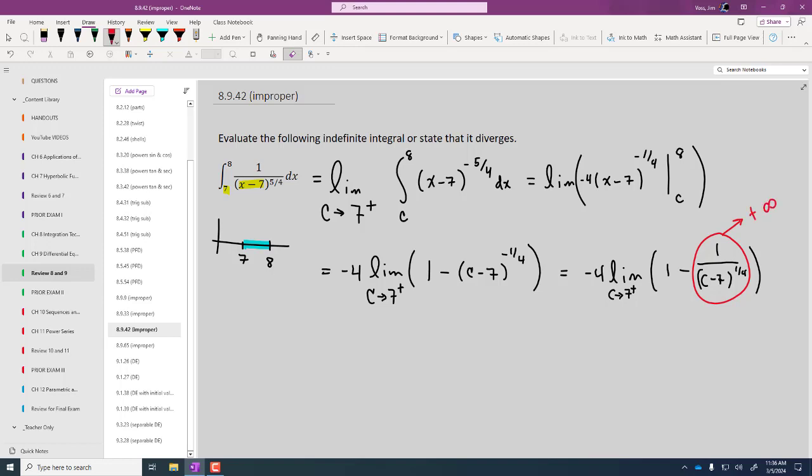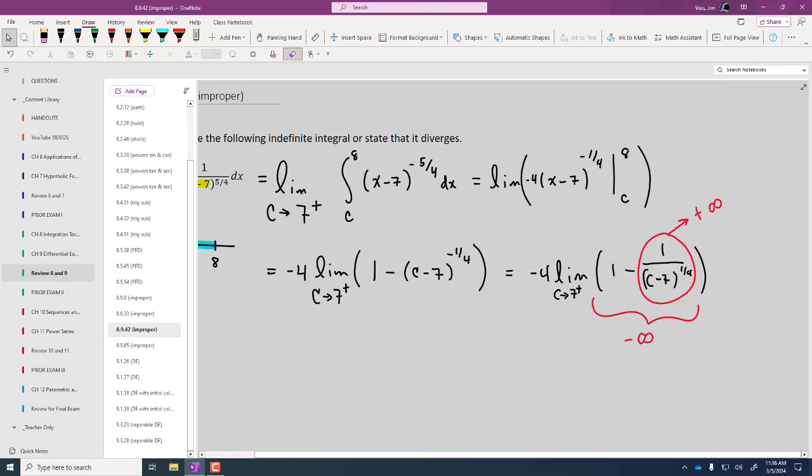And then we have 1 minus positive infinity, which means this whole piece is going to negative infinity. But then we multiply by -4, and you get positive, so we get back to positive infinity. So the whole thing will be going to positive infinity. And we are finding area, so we should end up with a positive.